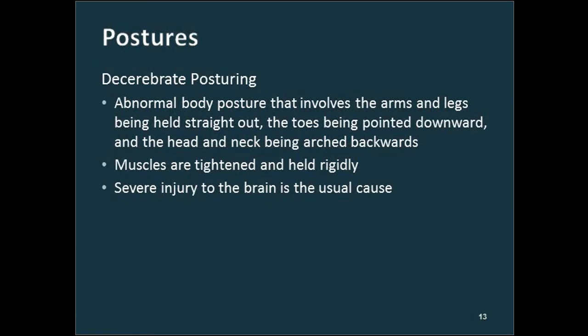Decerebrate posturing, again, is another type of movement that's elicited from irritating or painful stimuli. This is a posture where the arms and legs are held straight out, and it says the head and the neck arch backwards.